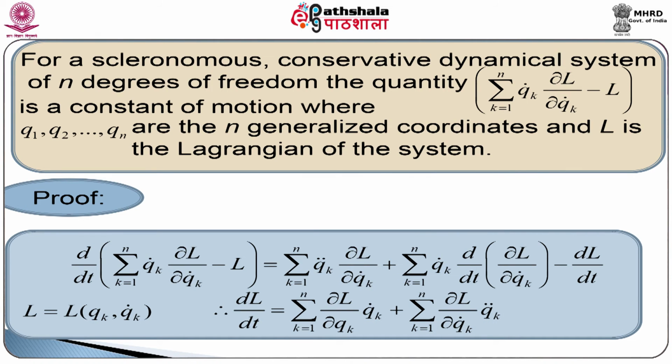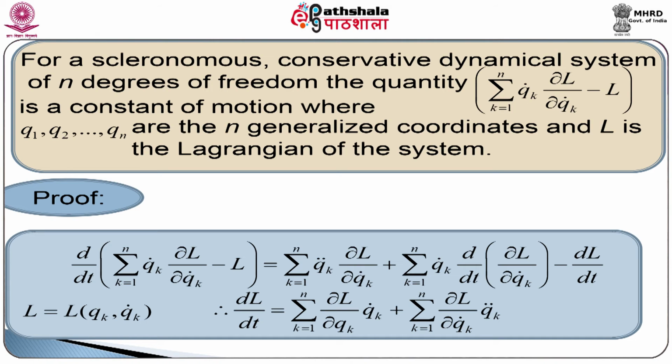Let us prove this result. By a scleronomous system, we mean that the dynamical system is independent of time t. For conservative system, the sum of kinetic energy and potential energy remains constant.